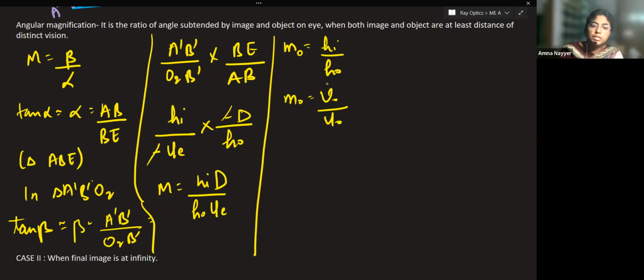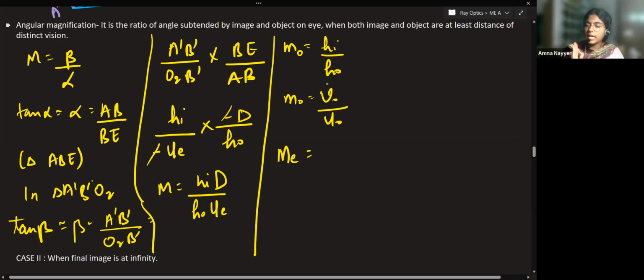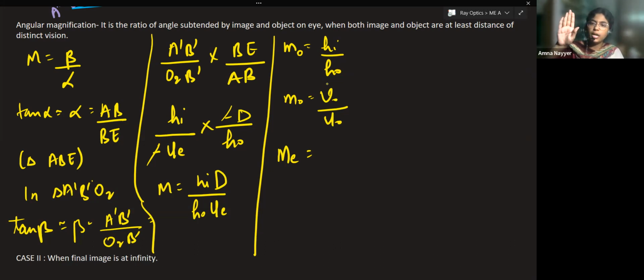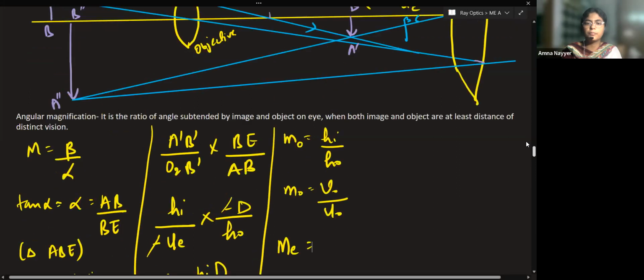Now, the main question is about the eyepiece. The eyepiece is a proper simple microscope for you. If you forget the first lens, the eyepiece is actually acting as a simple microscope. If you hide the second eyepiece, I'll show you the figure of what I'm trying to tell you.